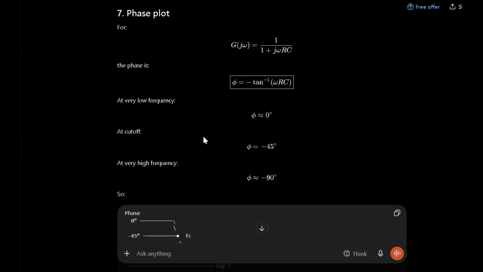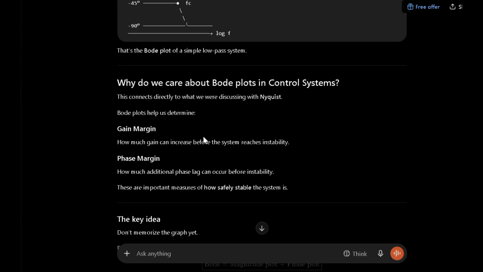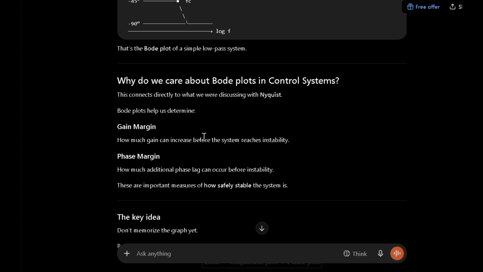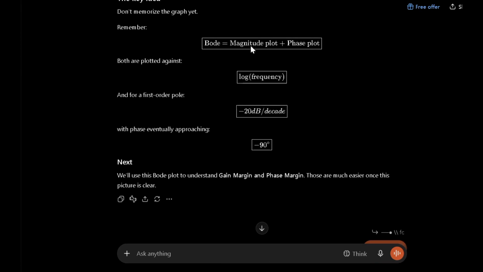Why do we care about Bode plots in complex systems? For gain margin and phase margin. So a Bode plot is nothing but a magnitude plot plus a phase plot. Just remember that.